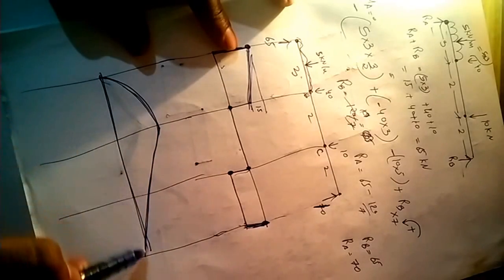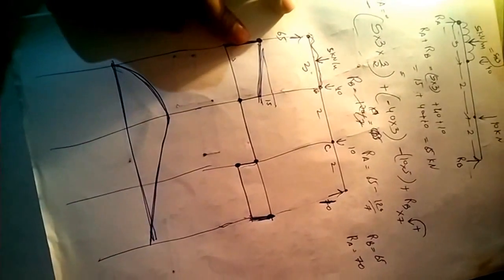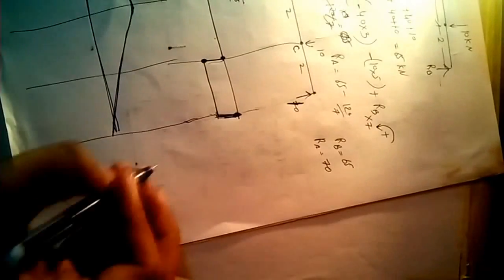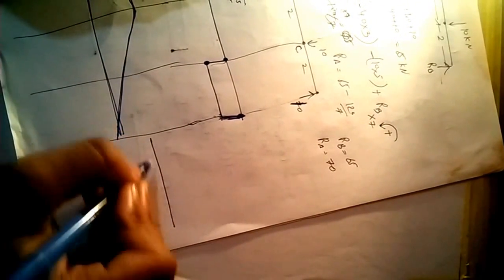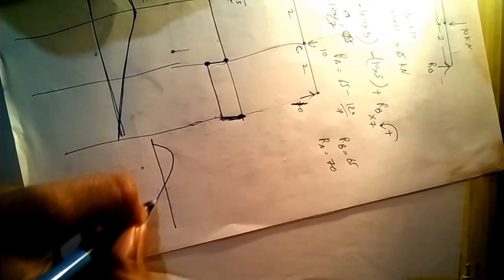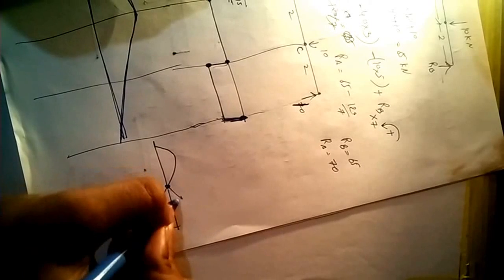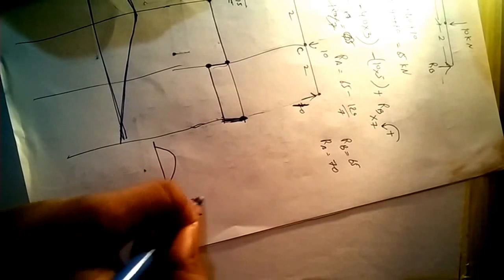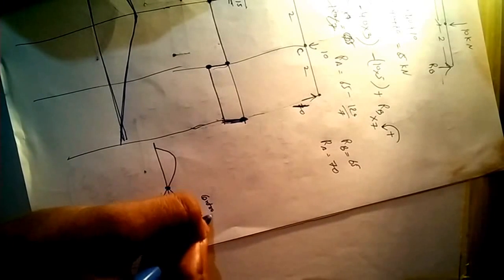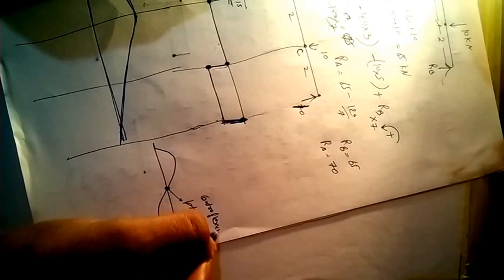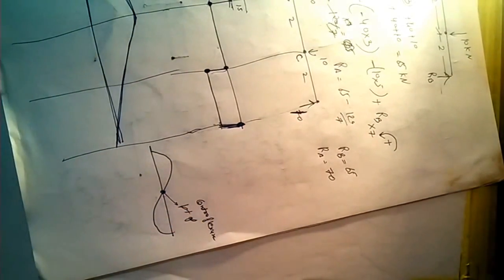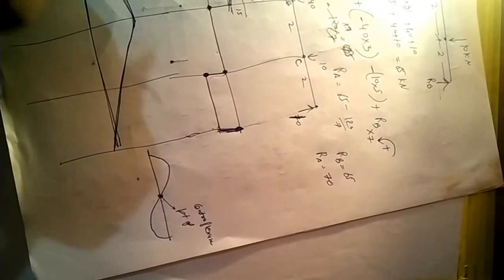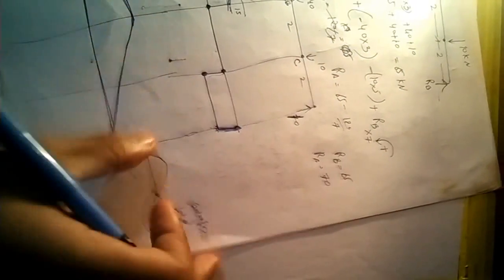In some cases it may be possible that your bending moment will change its sign. That point is known as the point of contraflexure.